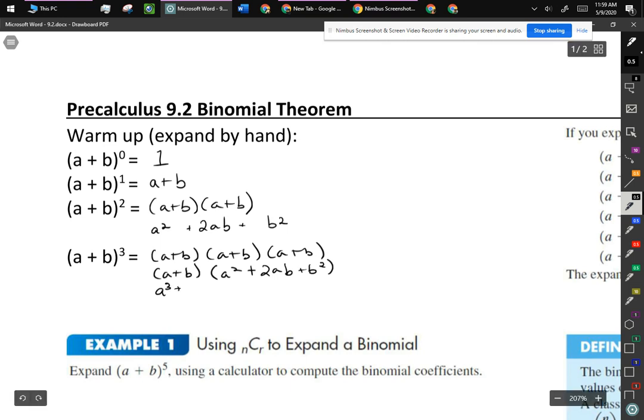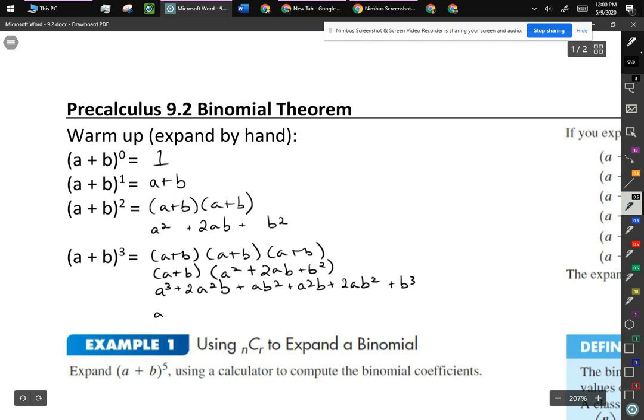A times 2ab is 2a squared b, plus a times b squared is just ab squared. Now we got to distribute the b. So plus 2a squared b plus 2ab squared, and then the final multiplication would be plus b to the third.